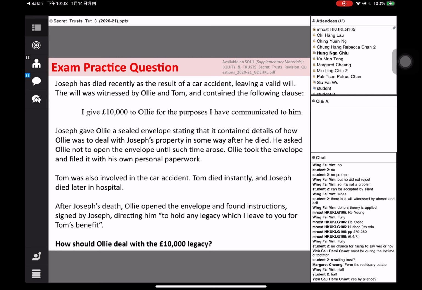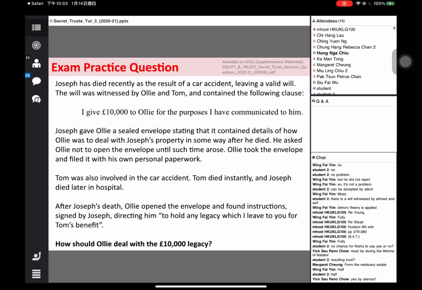Another issue here, which was relevant to the previous problem question, so you can see how these themes get repeated, is the timing of the envelope. It's not clear from the facts when the envelope was actually handed over to him. If it was after the execution of the will, then there's no valid secret trust, and he can't take the property absolutely.